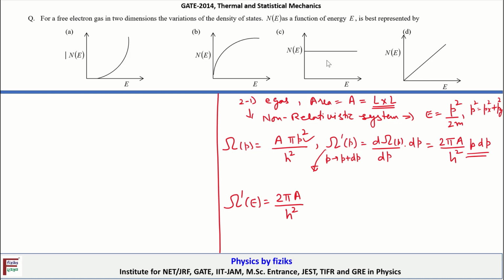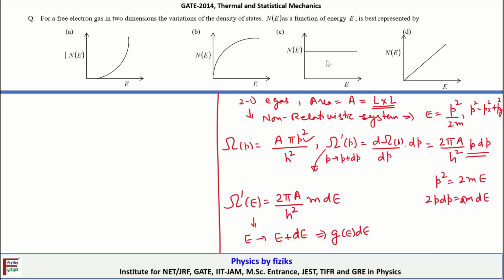Because the relationship between momentum and energy is P square equal to 2mE, this will give us 2p dP equal to 2m dE. So our p dP is equal to m dE, and here I am replacing it with m dE. This gives us the number of states with energy range E to E plus dE, denoted by G(E) dE.